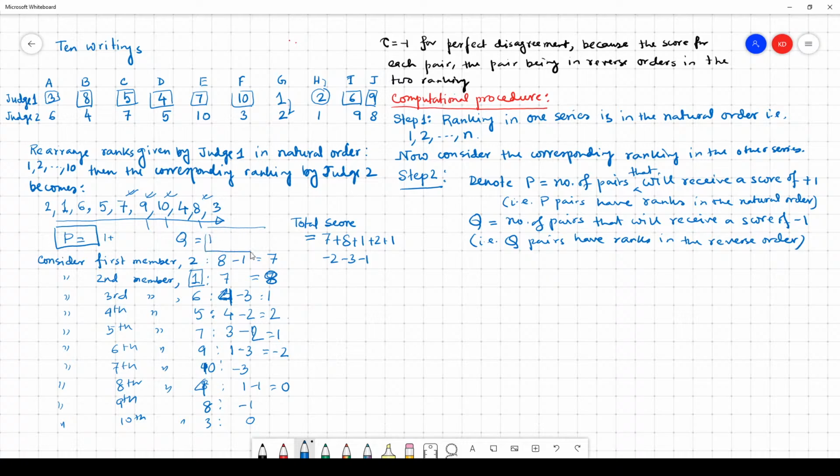Now tell me the value of P and Q. Please do it quickly.